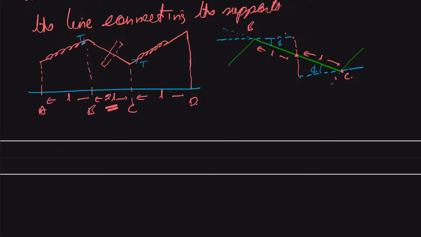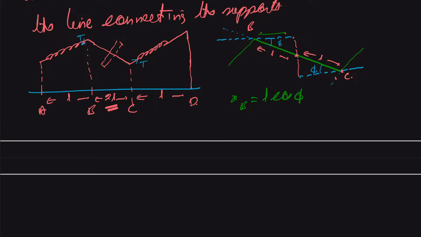So we can write that our x of B will be equal to L cos of phi.